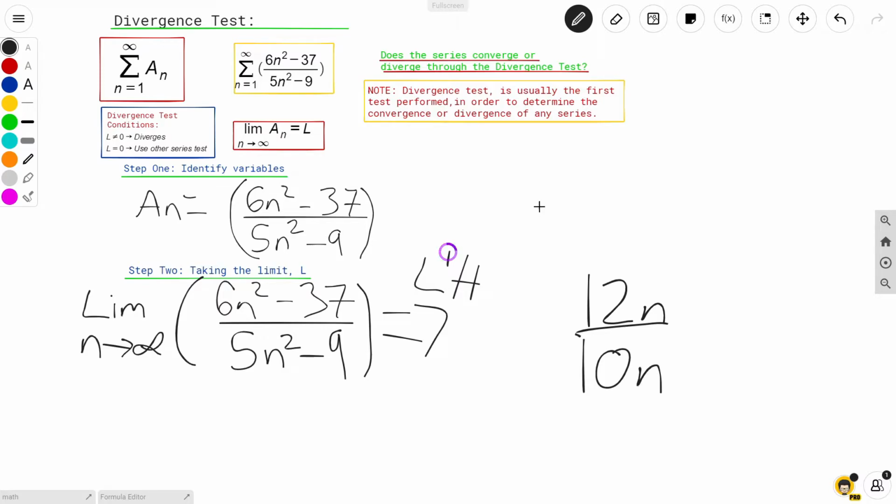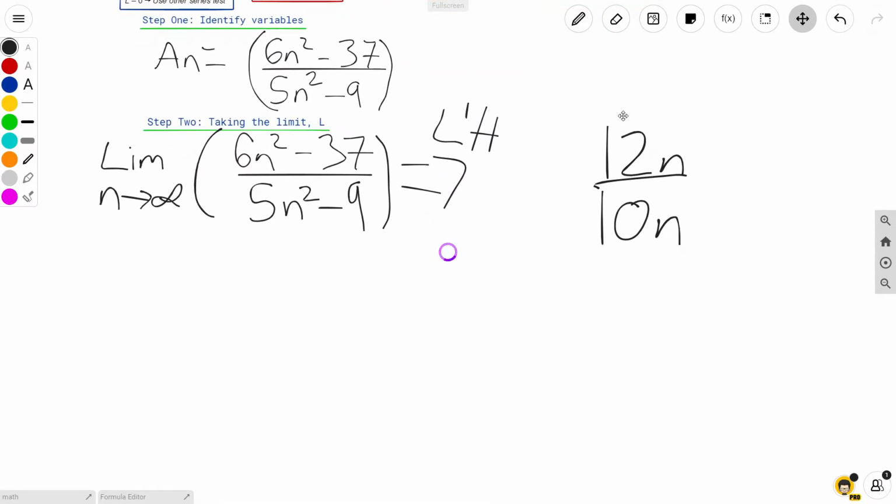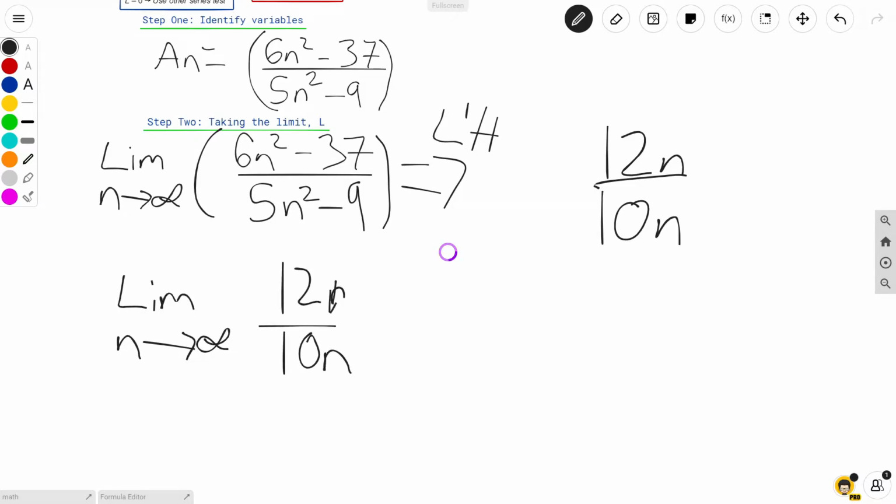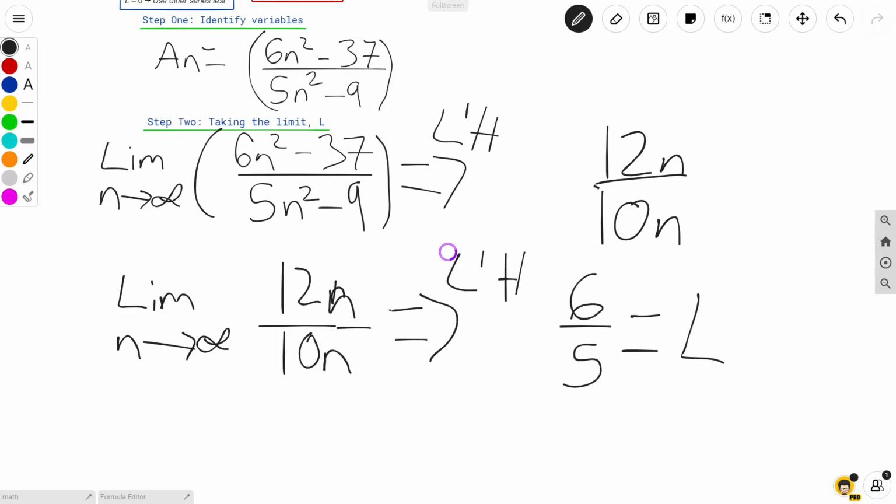Since we still have n, we apply L'Hopital's rule a second time: the limit as n approaches infinity of 12n over 10n, and we get 6 over 5, which is equal to our limit.